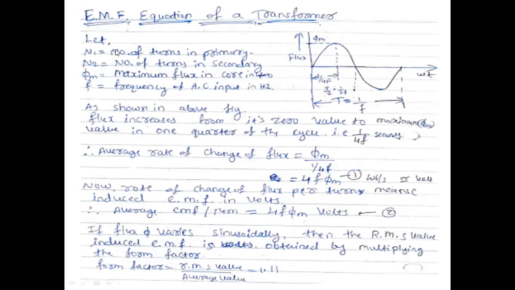φm is the maximum flux in the core, in Webers. f is the frequency of AC input, in hertz.